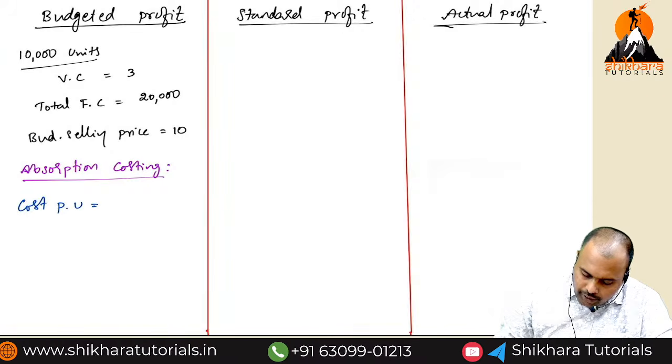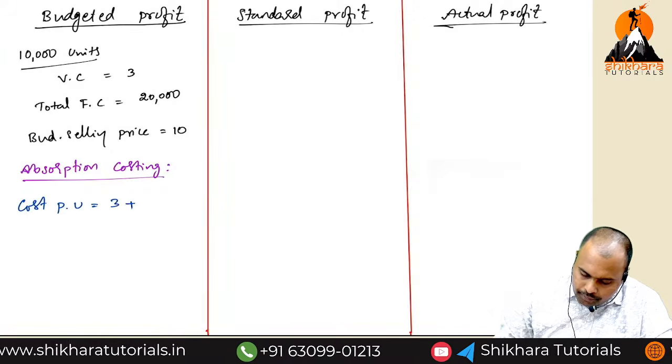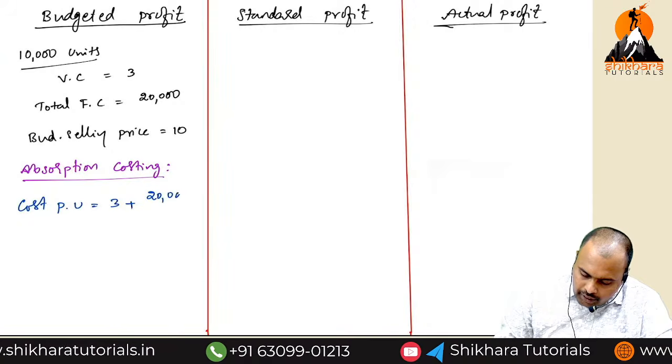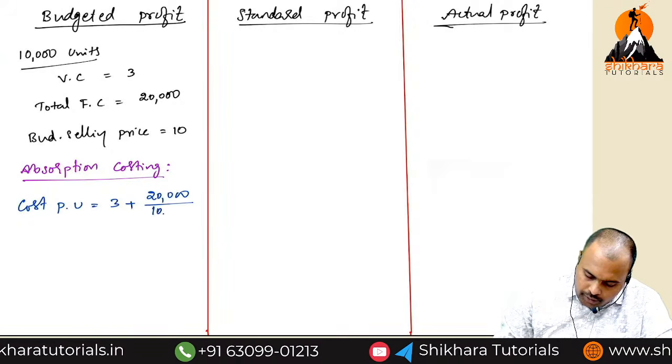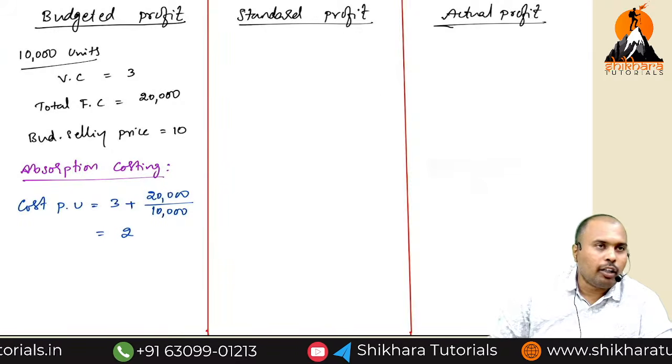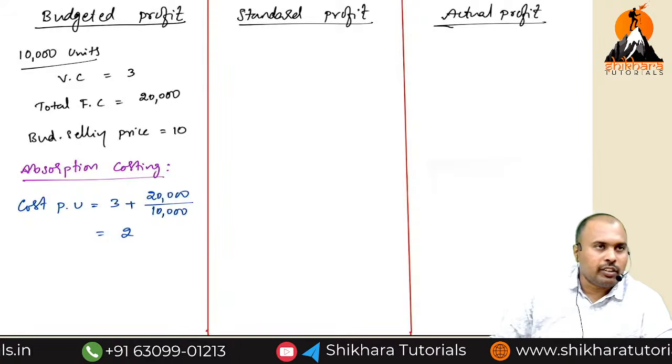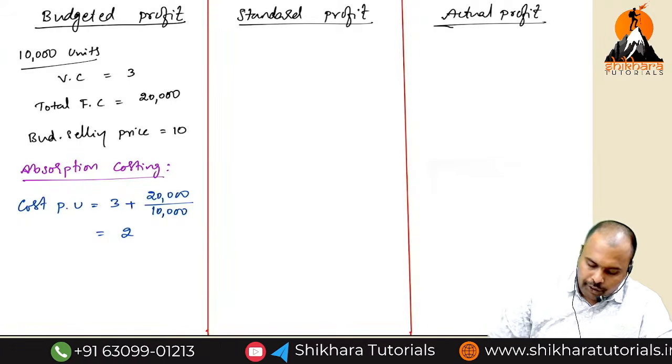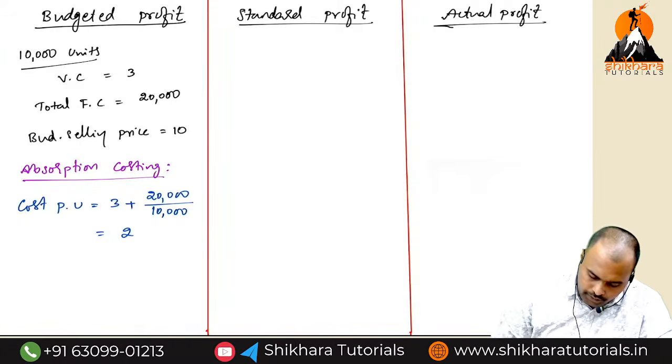Cost per unit is equal to 3 plus 20,000 divided by 10,000, which is equal to 2. Clear? Under absorption costing, definitely I will calculate cost per unit, and it is totally 5 rupees.